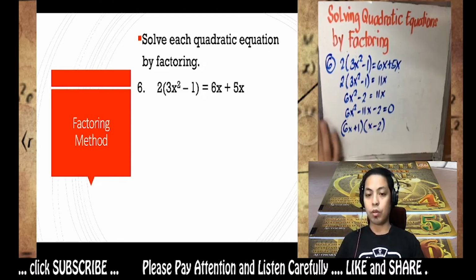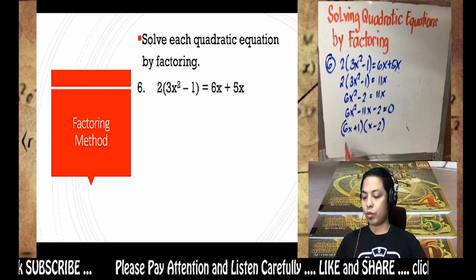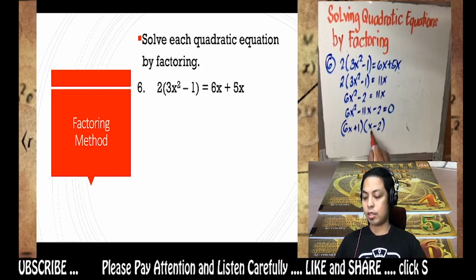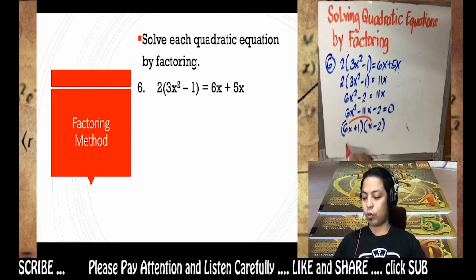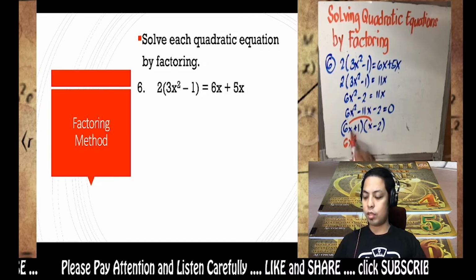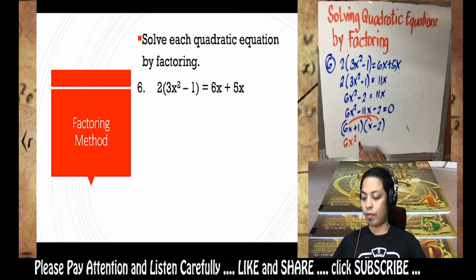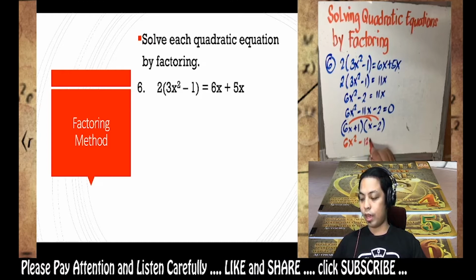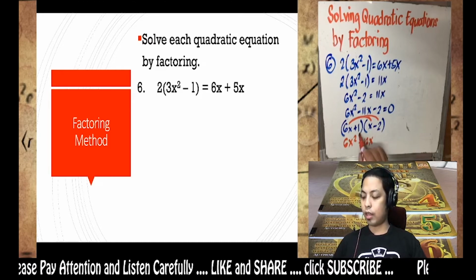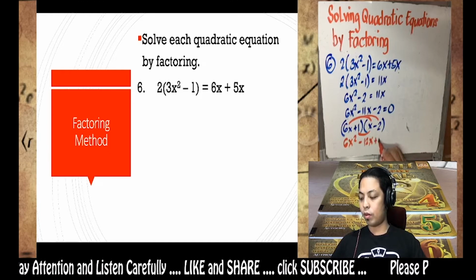Let's check if our factors are correct by the FOIL method. 6x times x gives us 6x squared. 6x times negative 2 is negative 12x. And then 1 times x is positive 1x.